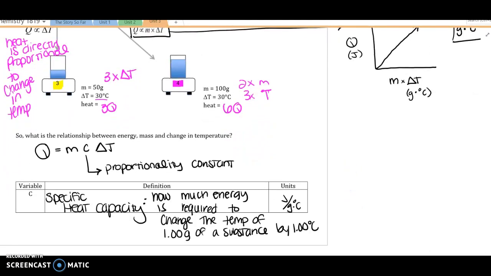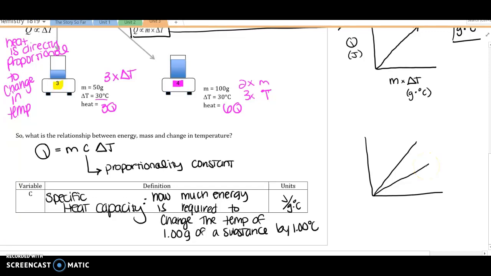The specific heat capacity is that proportionality constant that tells us how much energy is required to change the temperature of 1 gram of a substance by 1 degree Celsius. If we were to compare the specific heat capacities of water and of oil, just like in one of the examples we have seen in class, we could see that one of them is greater than the other.